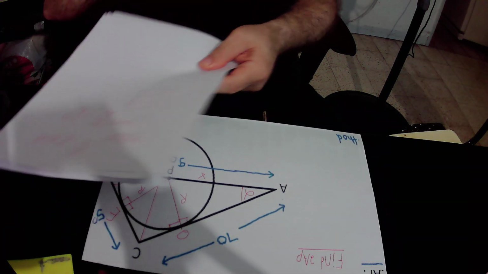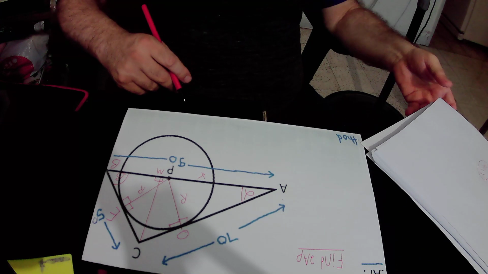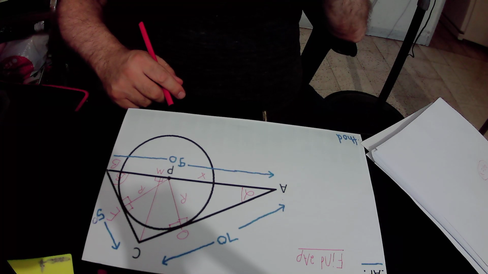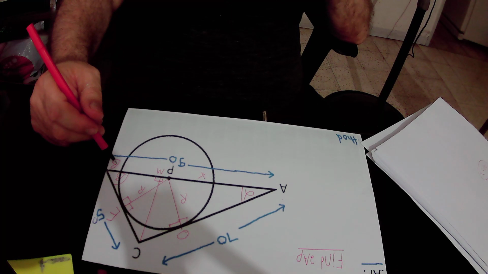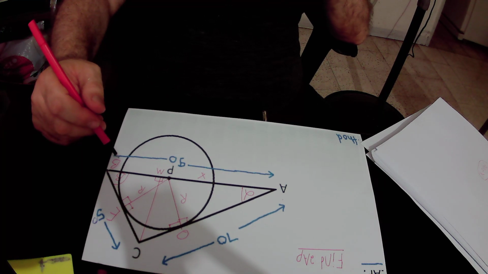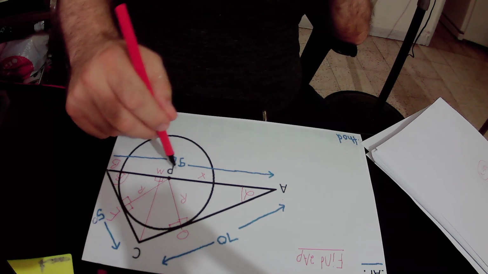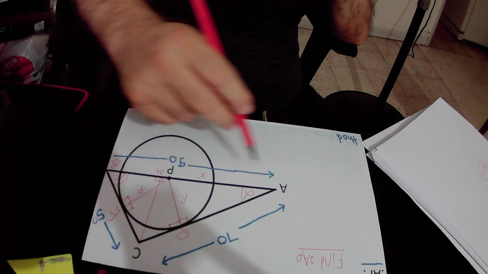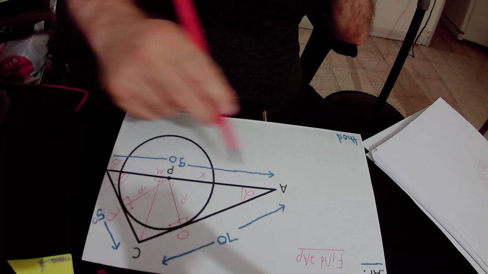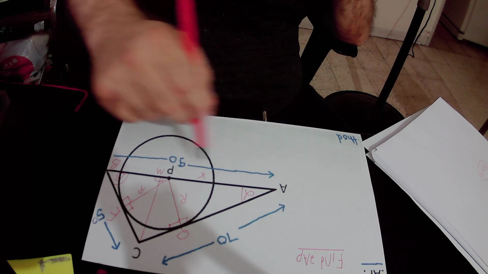So PB will be equal to AB minus AP. It is very simple.